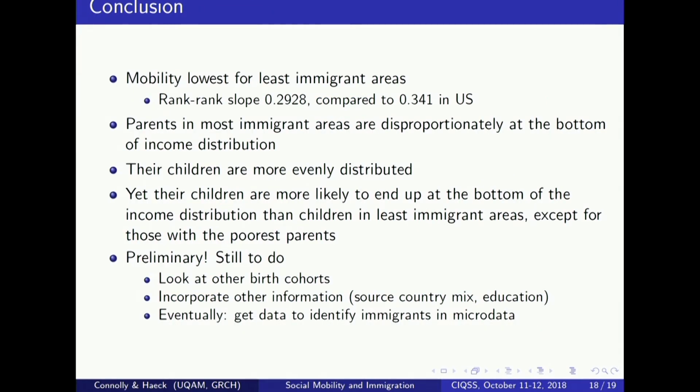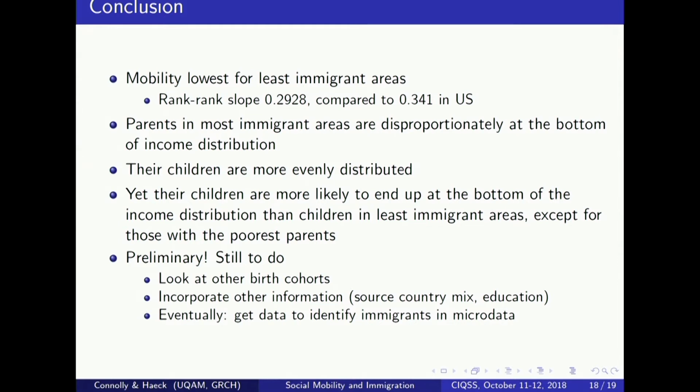Okay, so I'm going to try to summarize and tell you what I'm going to do next. Mobility is lowest for the least immigrant areas, and the rank slope for immigration quintile 1 is 0.29, compared to 0.34 in the US. So it's above the national average if you take everybody together, but you still don't reach US levels.